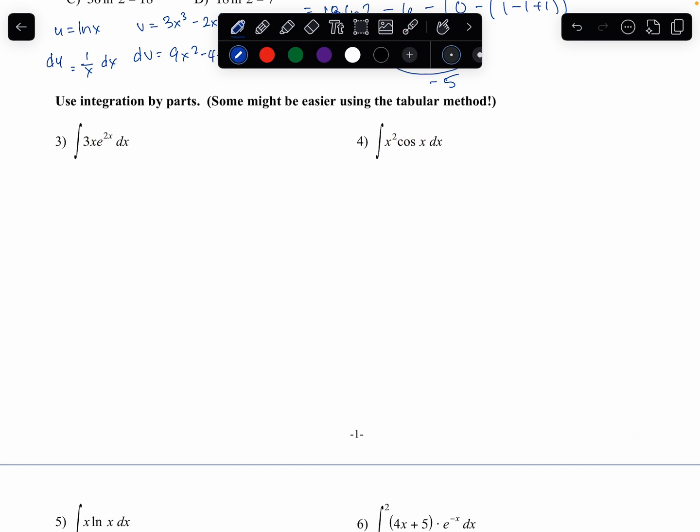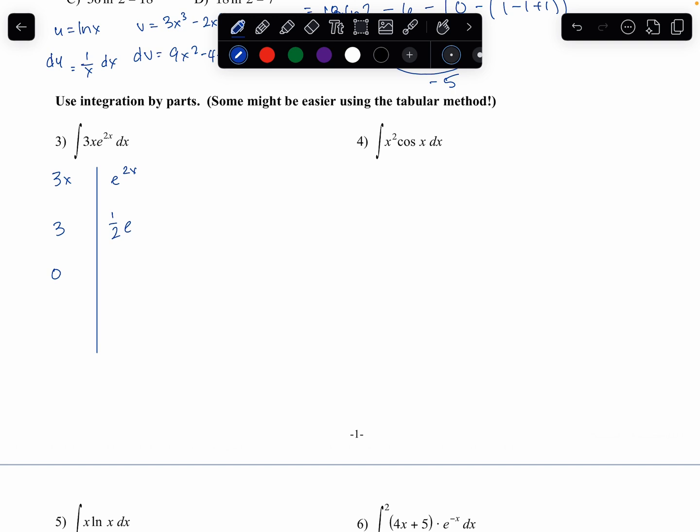And so I'm just going to use the tabular method. So make a quick column. We're going to have 3x on the u side, and we'll have e to the 2x on the dv side. On the u side, we differentiate, and then on the dv side, we anti-differentiate.